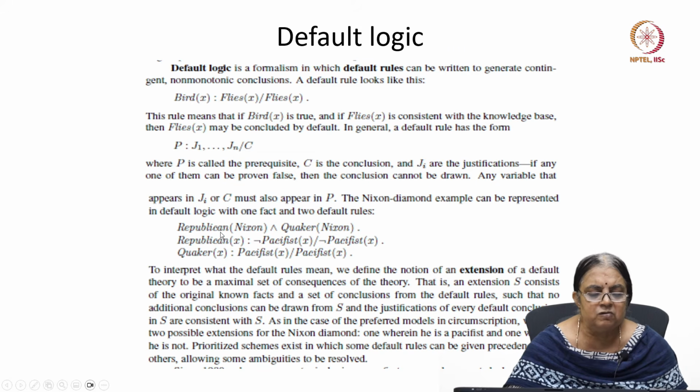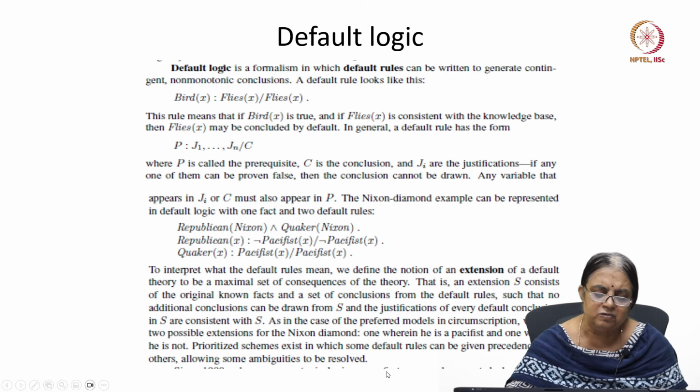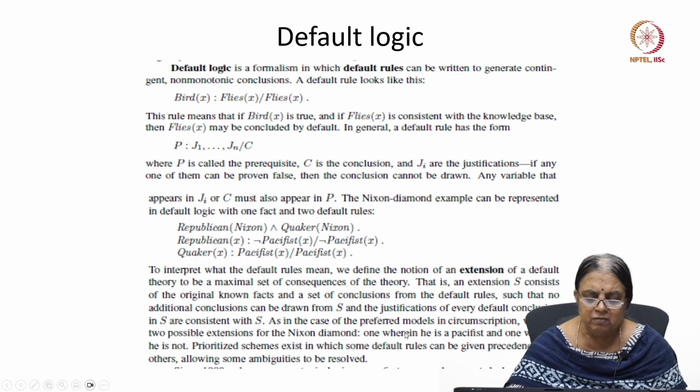In this case, you will have something like Republican Nixon and Quaker Nixon. Republican X implies not pacifist X, if not pacifist. So if this is given in your knowledge base, then you can take that. Otherwise, you take this. This is how default reasoning will actually work.